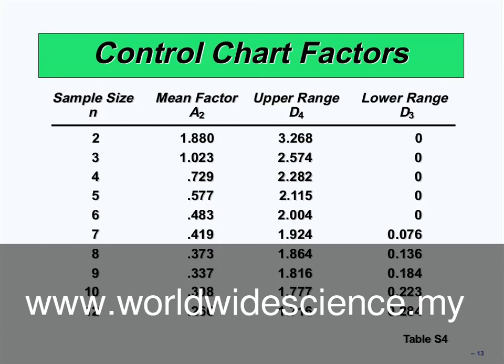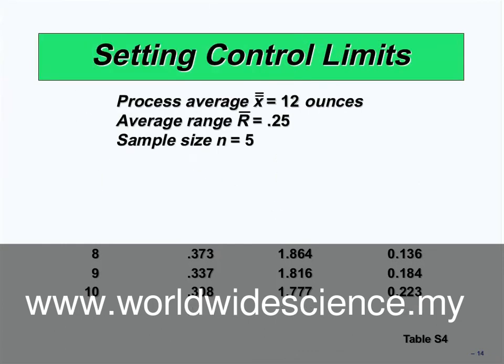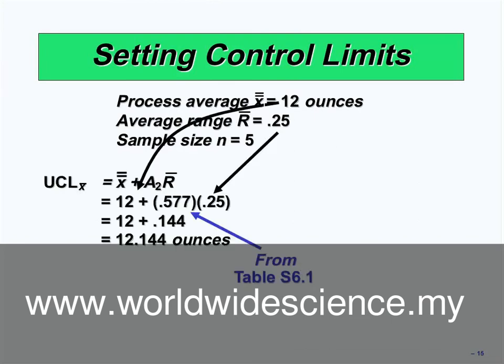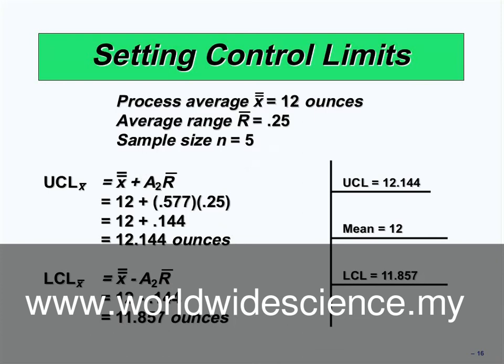Everything has been given to you directly to use in this formula because this is very easy. When n is 5, sample size is 5, how much is the A2 mean factor? I gave you n equal to 5 in this example. Very good, 0.577. Okay. Does everybody understand?